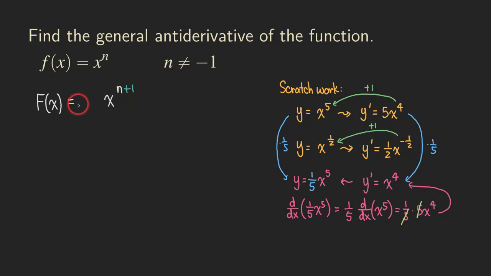Is that okay? Do you see that I left some space in front of the x? That's actually important because we need to make the adjustment so that we can multiply by some number in the front of our power function, so that when we differentiate, we can cancel out whatever power we bring down to the front. So what is that coefficient that we need to put in here?